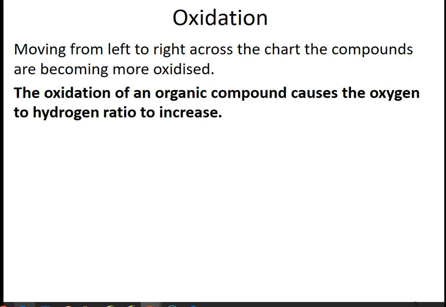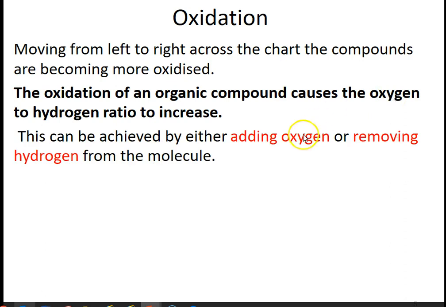And as I was saying, moving from left to right, the carbon compounds are becoming more oxidized. A way of knowing if something's more oxidized is the ratio of oxygen to hydrogen: you get more oxygen when it's oxidized. So to get more oxygen, you can add oxygen or you can remove hydrogen.